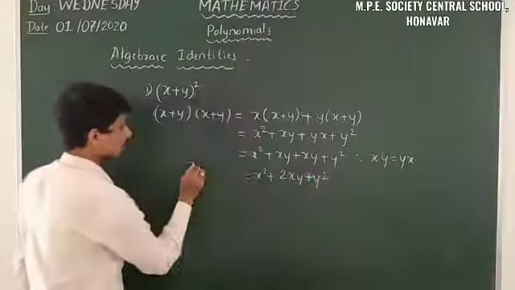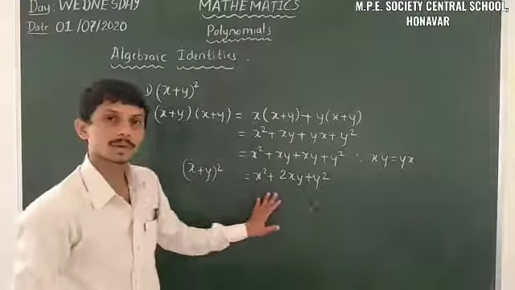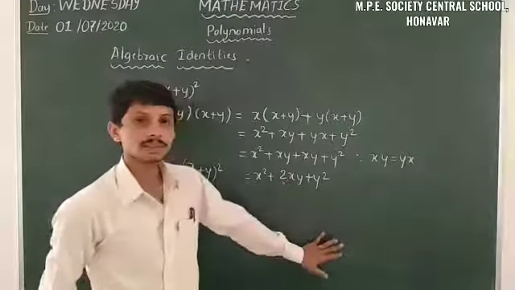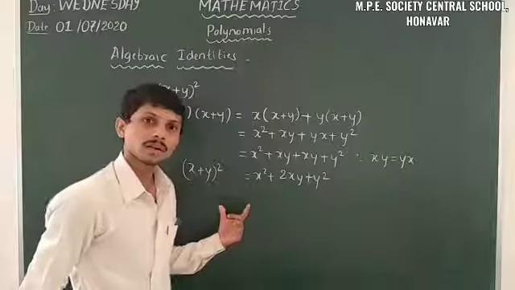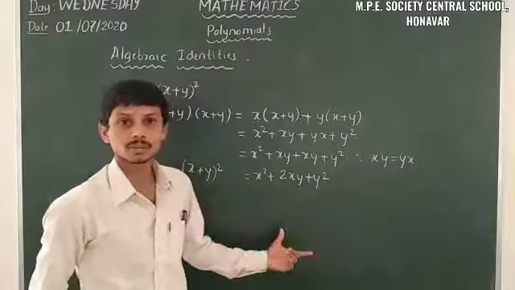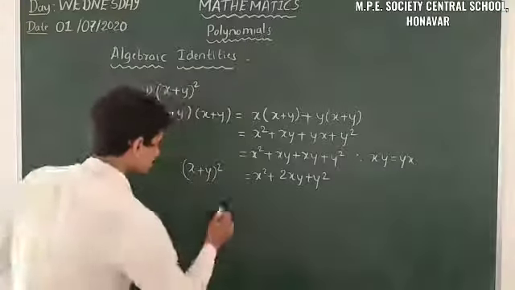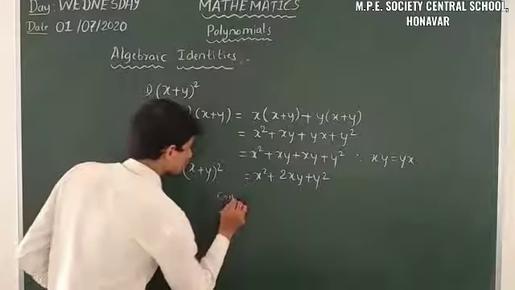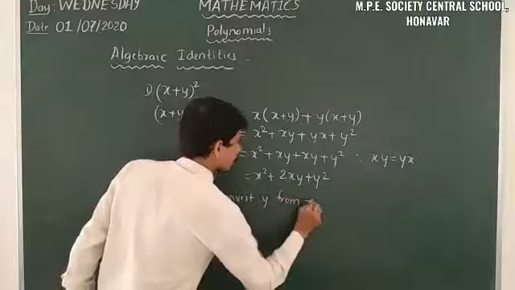That means one of the identities is x plus y whole square is equal to x square plus 2xy plus y square. Now let us substitute y equal to minus y, that is, convert y to minus y.